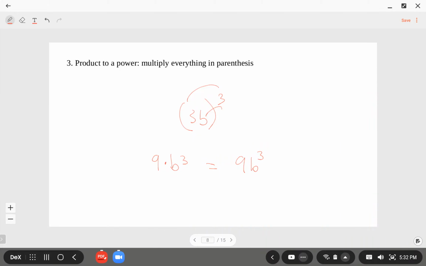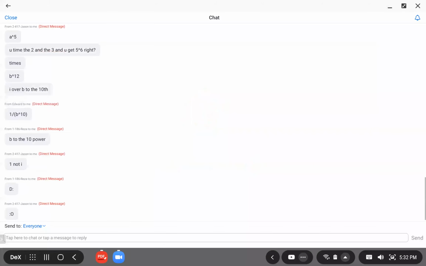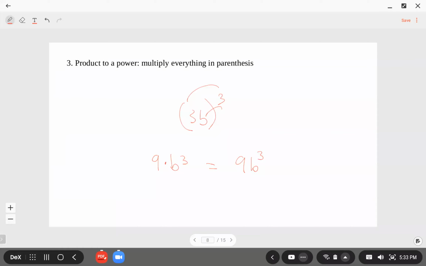Are there any questions? Are you guys taking notes? For those who are taking notes, if you need more time to take the notes, you might also want to copy an example.